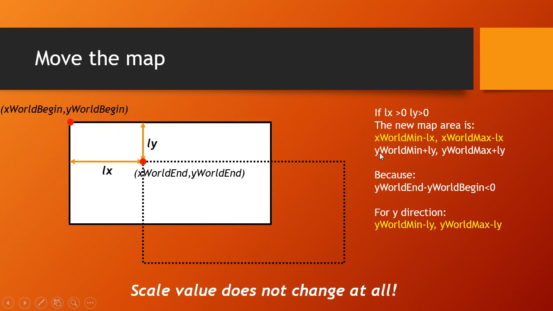The new y world min and the y world maximum should plus this Ly length. Now our problem has changed from moving the map to resetting the map area. So we just have to calculate the Lx value and the Ly value.